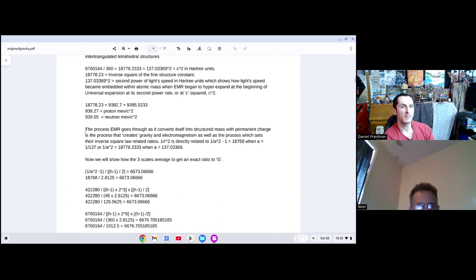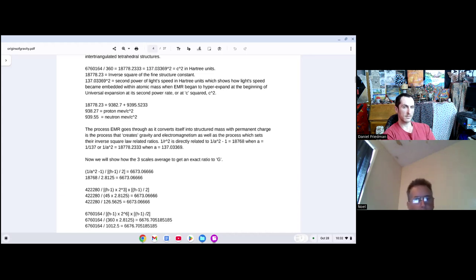So the process EMR goes through as it converts itself into structured mass with permanent charge is a process that creates gravity and electromagnetism, as well as the process which sets their inverse square law related ratios. 1 divided by radius to the second power is directly related to 1 divided by the inverse of the fine structure constant to the second power minus 1.